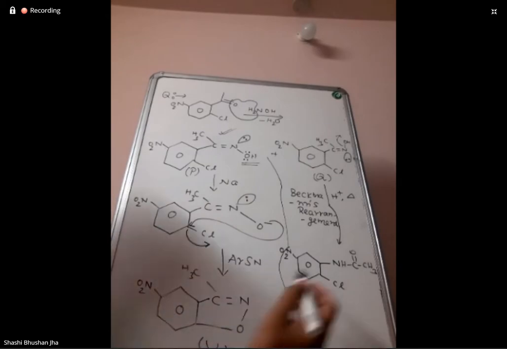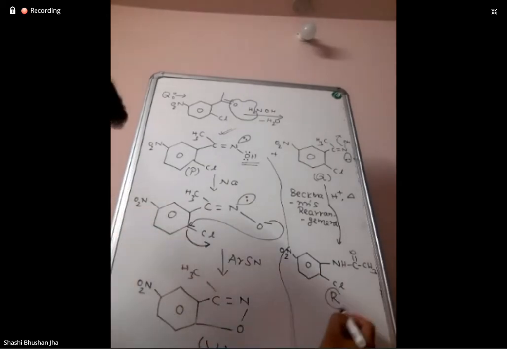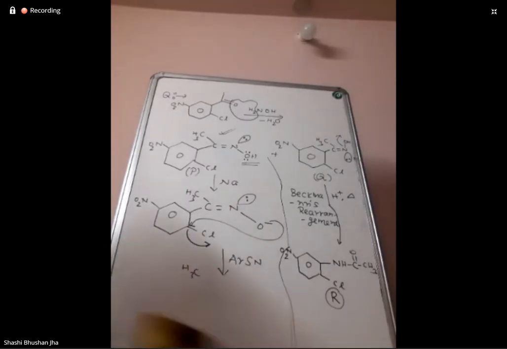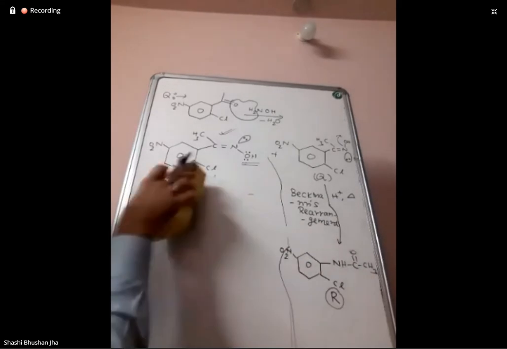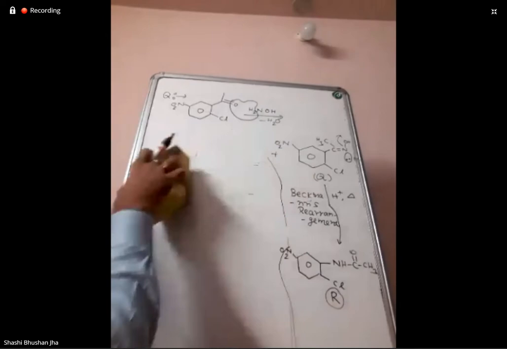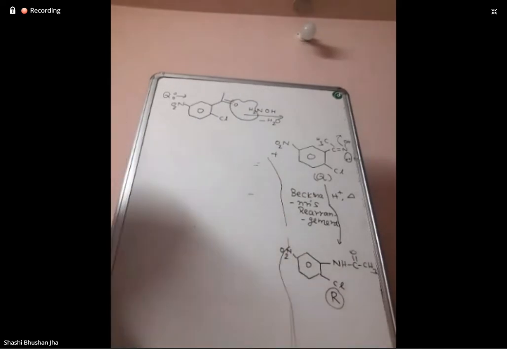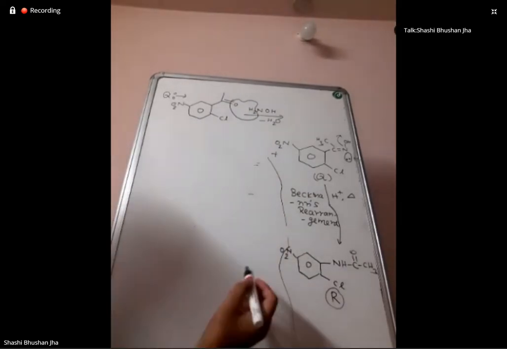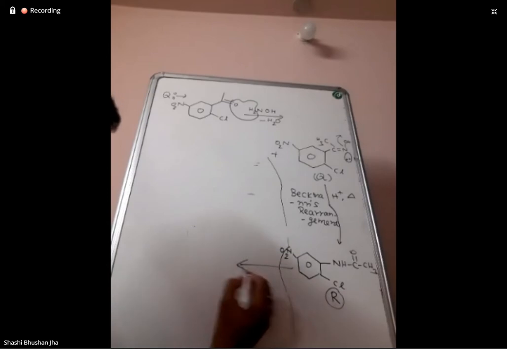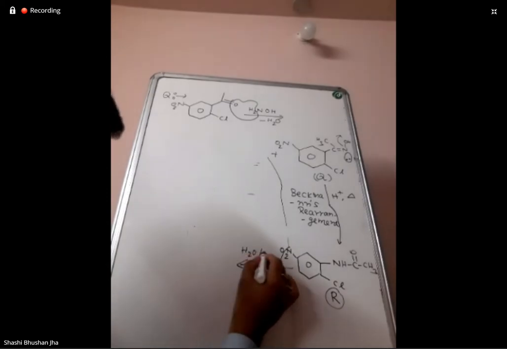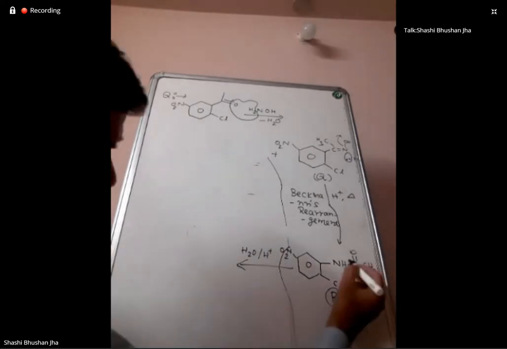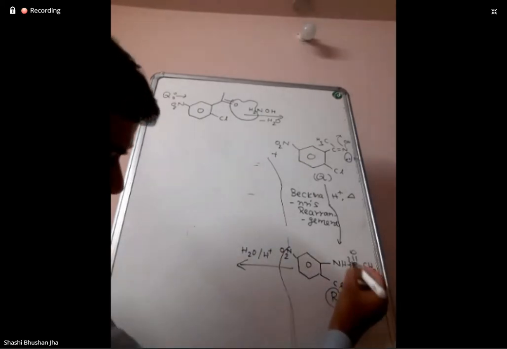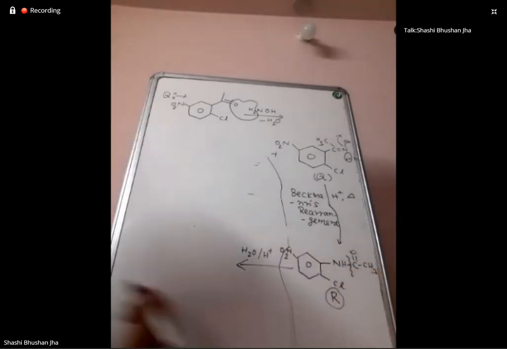Now this product is named as R. Now next this R is hydrolyzed. You know, when you hydrolyze it, this amide will undergo hydrolysis and this C-N bond will break.